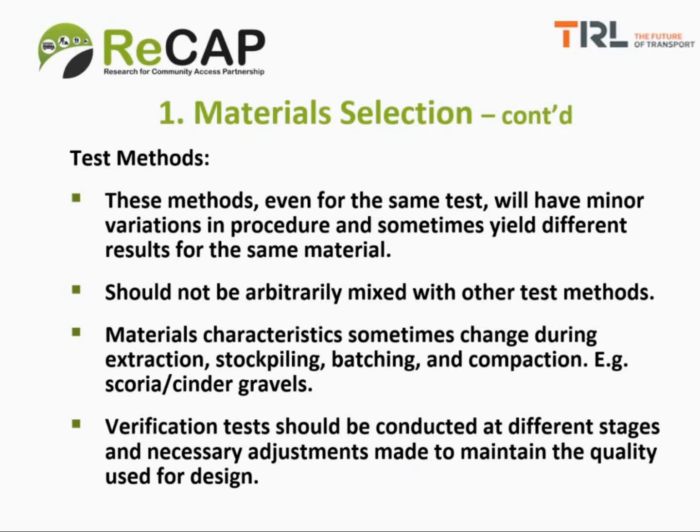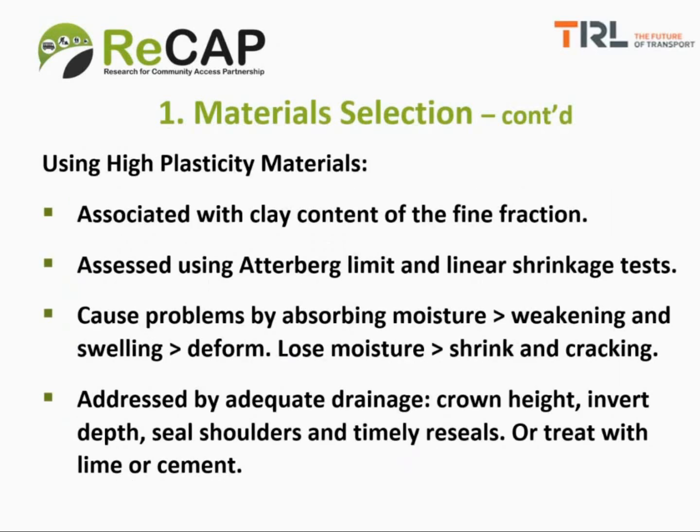We now consider how we can use materials that present certain predominant characteristics and how we can deal with these characteristics and use the material in road provision. The first one on our list is high plasticity materials.